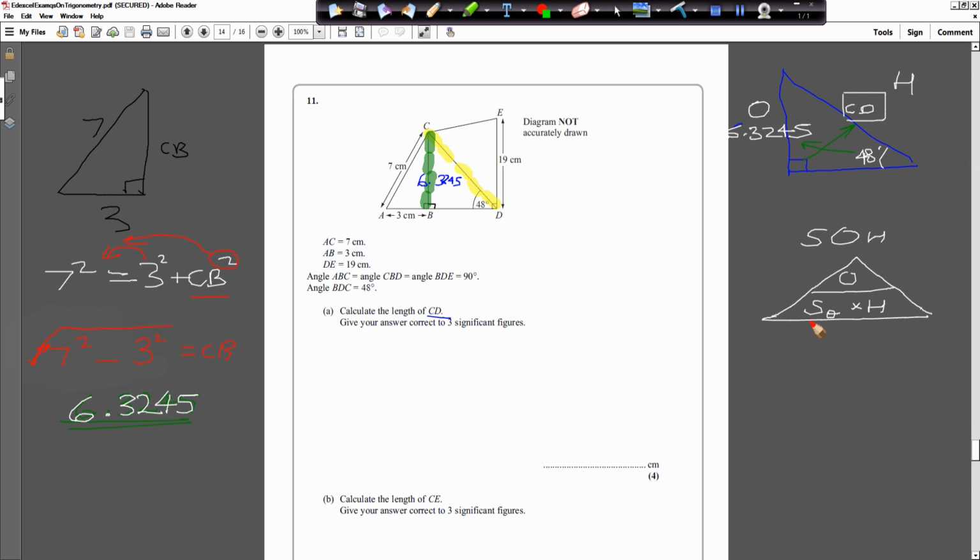We know the angle and we know the opposite, and we want to work out the H. We cover that with our finger. So we can say the H. Can you see the H in red, or shall I do it in a different color? So the H is equal to the opposite divided by the sine of the angle.